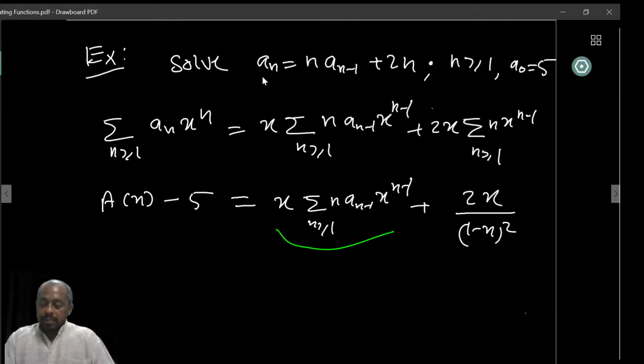if you look at this recurrence relation, it says that a_n grows very fast. In fact, it says that a_n is n times a_{n-1} plus 2n, so it grows faster than n factorial. If the sequence is growing faster than n factorial, then we cannot expect the series to converge to any interval other than 0.